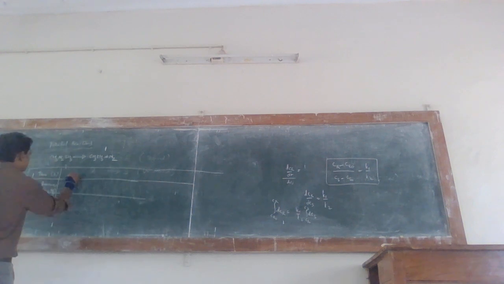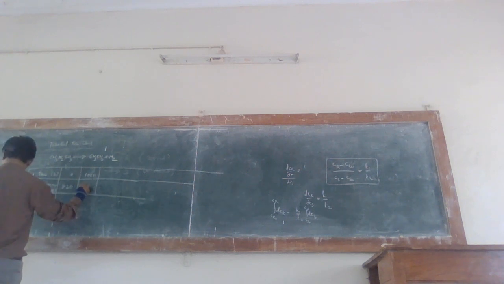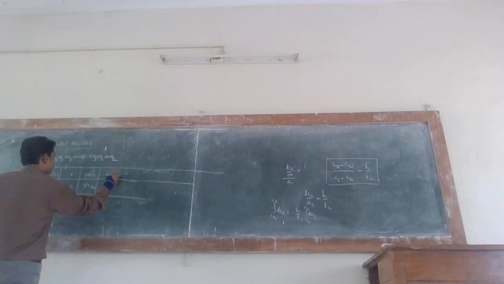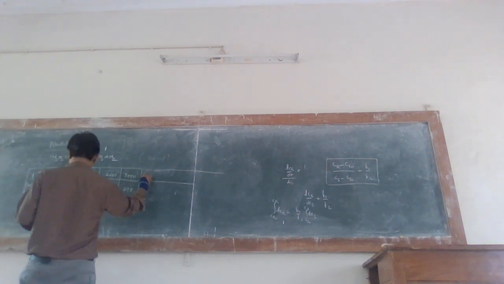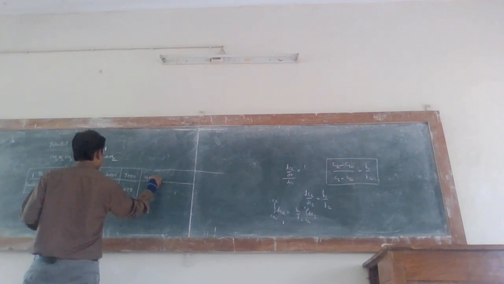The values are: time 0, 820; 1000, 572; 2000, 399; 3000, 278; 4000, 194.